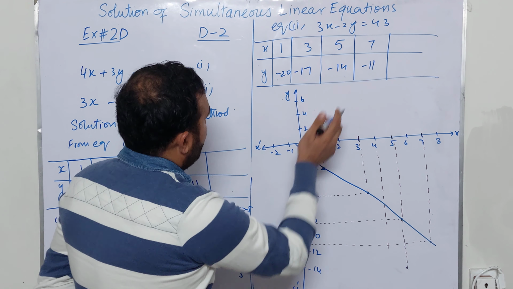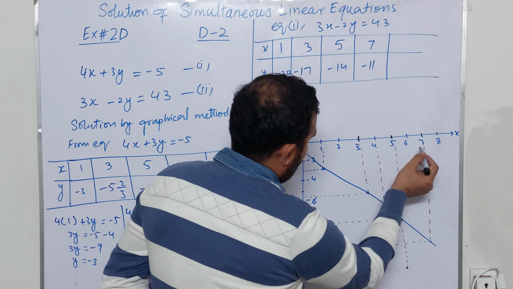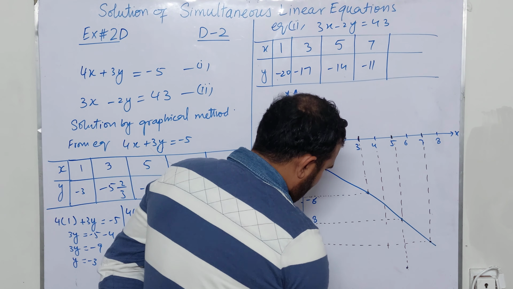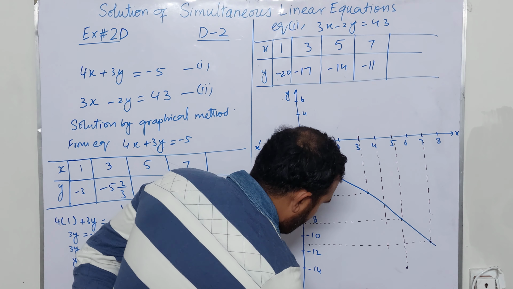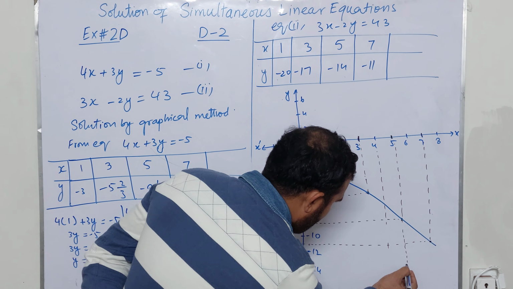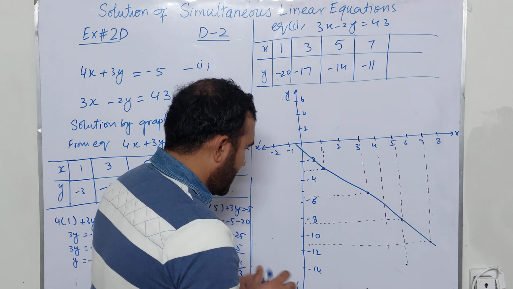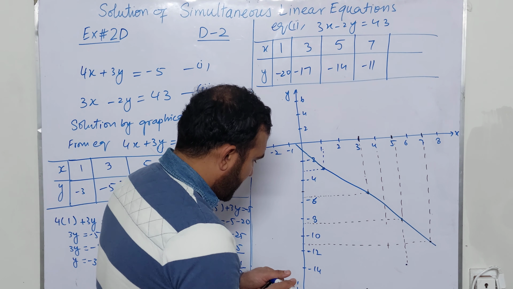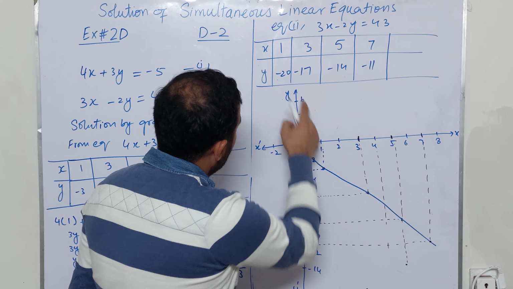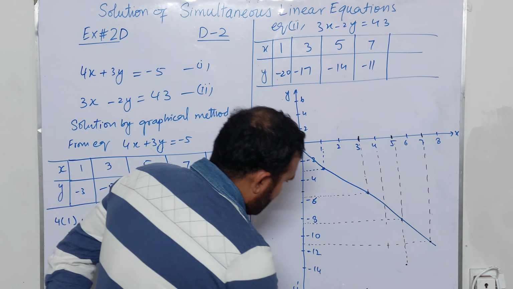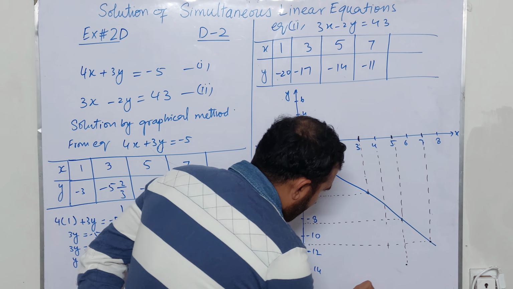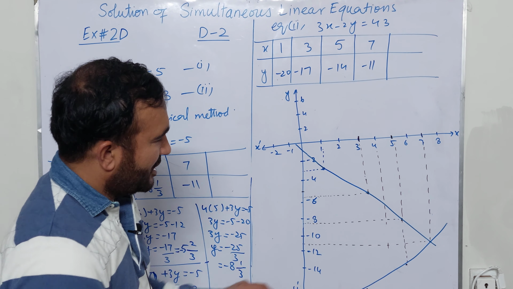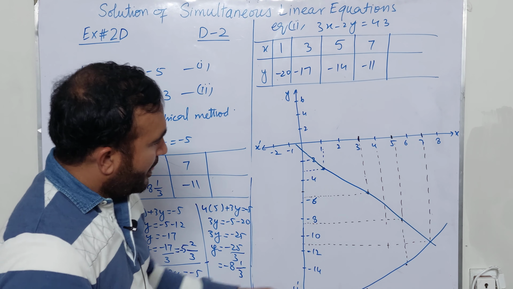Okay, and then 7, minus 11, so 7, minus 11 is just like this. You can see that this is almost a straight line, but because we didn't have space for minus 20, this straight line becomes a little bit curvy.